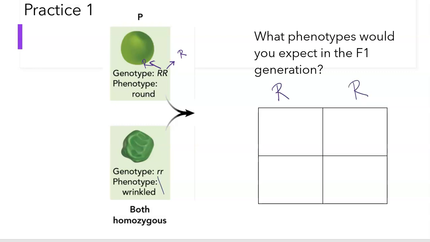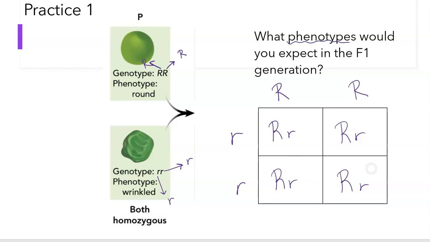And for this parent, if their alleles segregate, they're only going to have offspring with little r. So those are their gametes. So what are their possible offspring? So a cross between two homozygous individuals would result in what phenotypes?